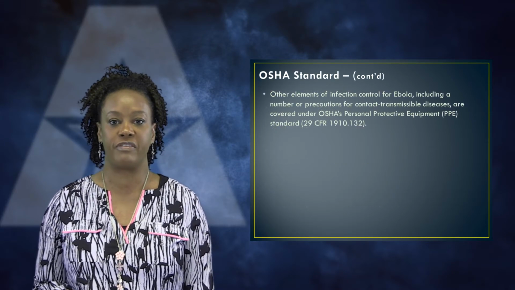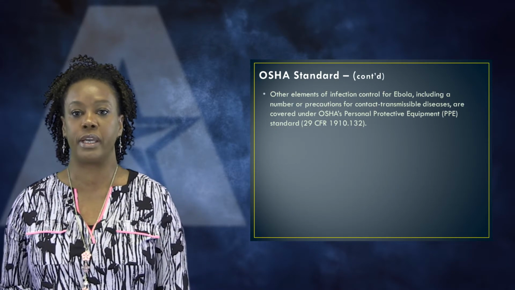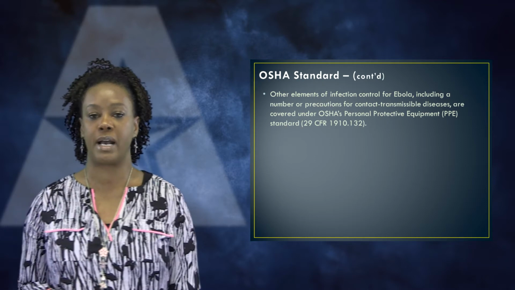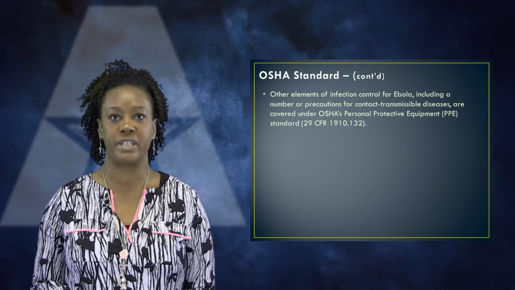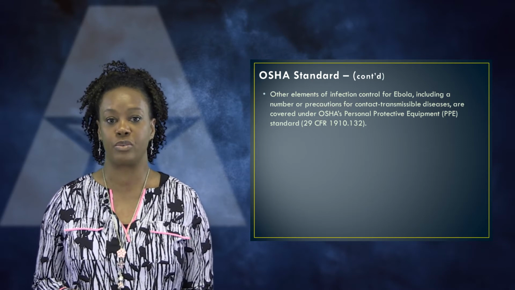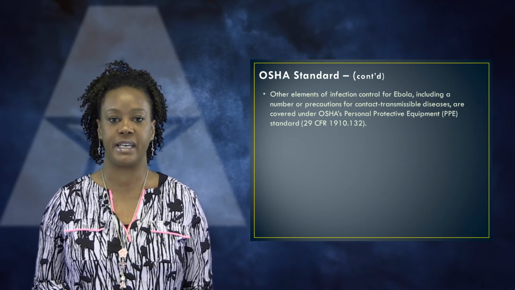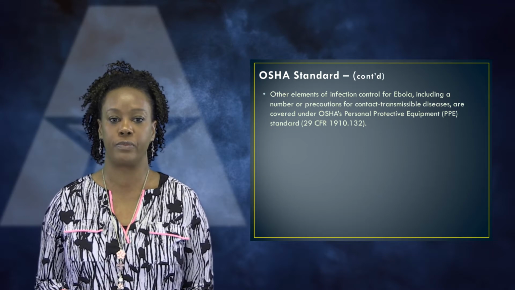Other elements of infection control for Ebola include a number of precautions for contact transmitted diseases, which are covered under the OSHA personal protective equipment standard, in 29 CFR 1910.134.